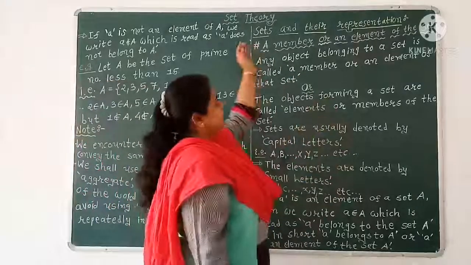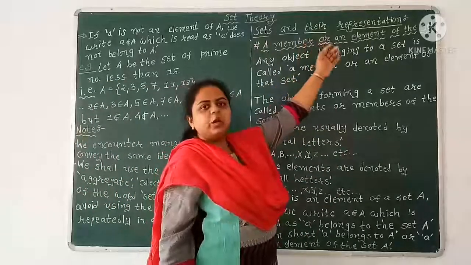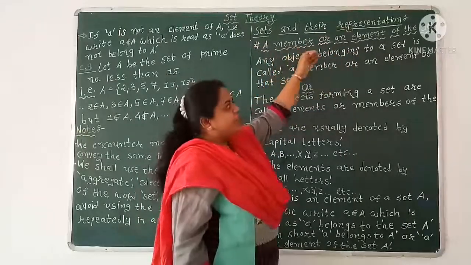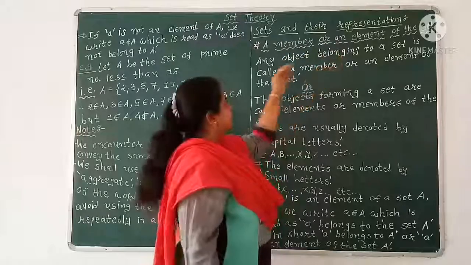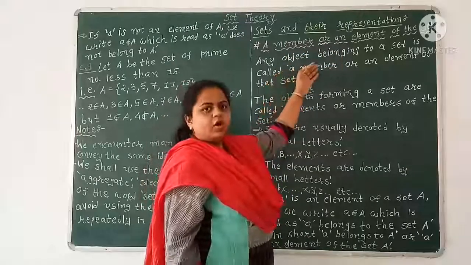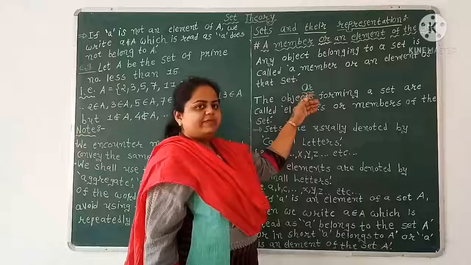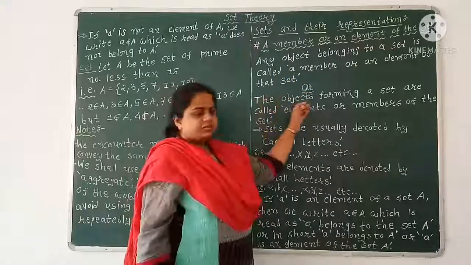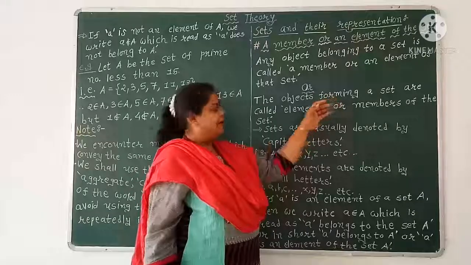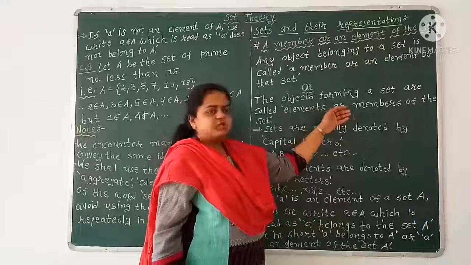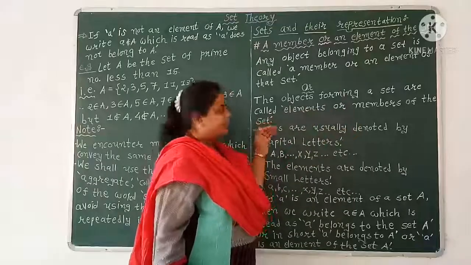Now, what is a member or element of a set? Any object belonging to a set is called a member or an element of that set. Other definition: the objects forming a set are called elements or members of the set.